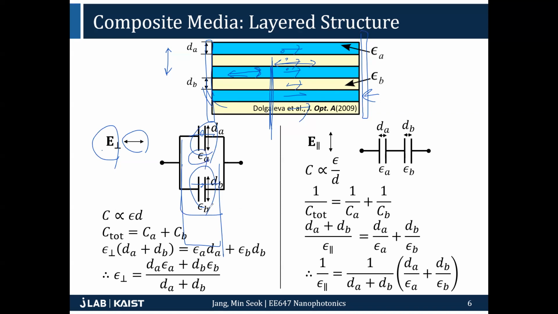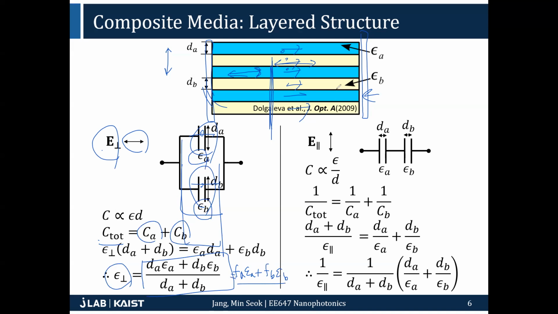Each has a permittivity of epsilon A and epsilon B. In that case, the total capacitance is just the sum of all these partial capacitances. So the effective permittivity, if you calculate it, is the fraction of material A times epsilon A plus the fraction of material B times epsilon B.